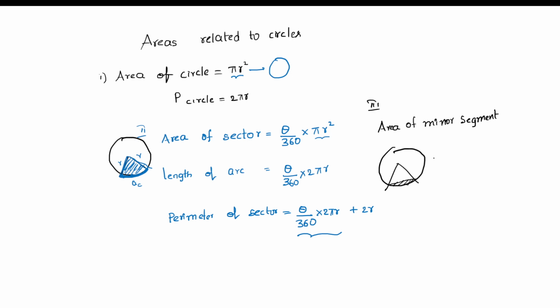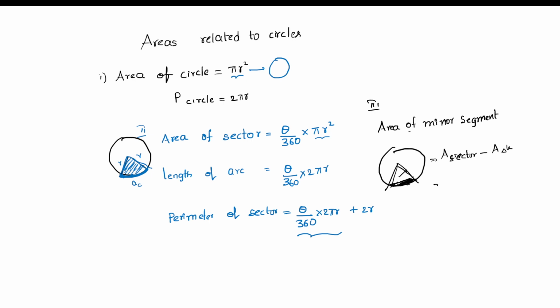Now it is given by area of sector minus area of triangle. Area of minor segment means area of sector minus area of triangle. Area of whole sector minus area of triangle will give us area of segment.